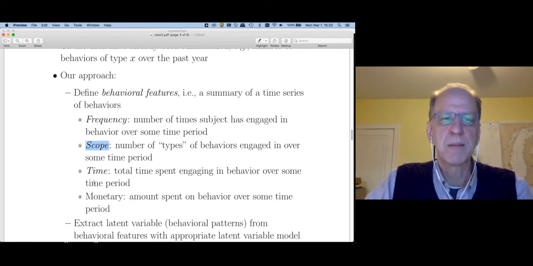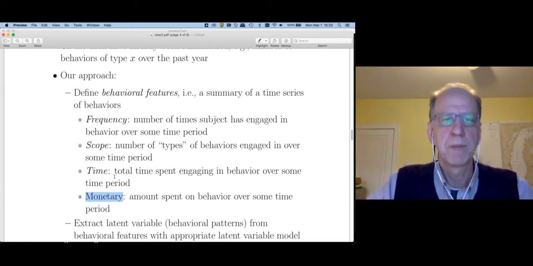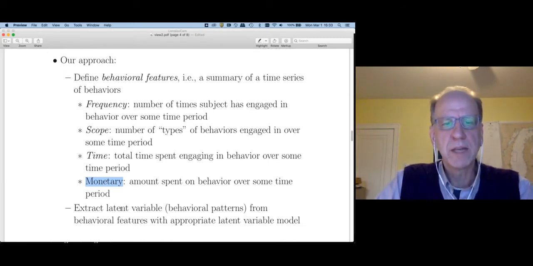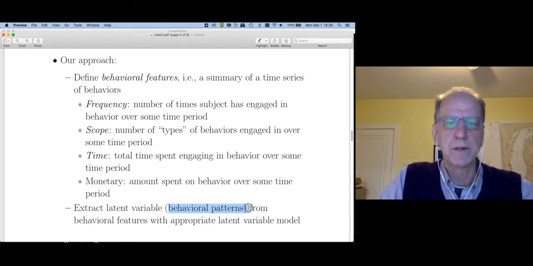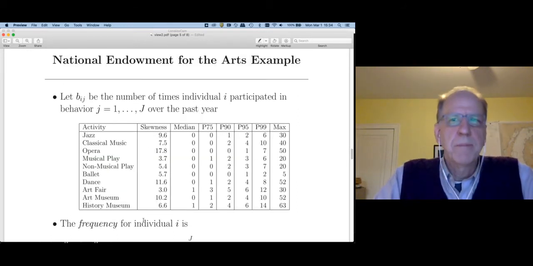And time doesn't make that much sense, but monetary would, where this is how much I spend in each of those categories. You could think of spending time as a type of monetary value in an online engagement context. So then the question is, can I extract a latent variable, which Calder and I called a behavioral pattern, from these behavioral features? Let me give you an example of this.